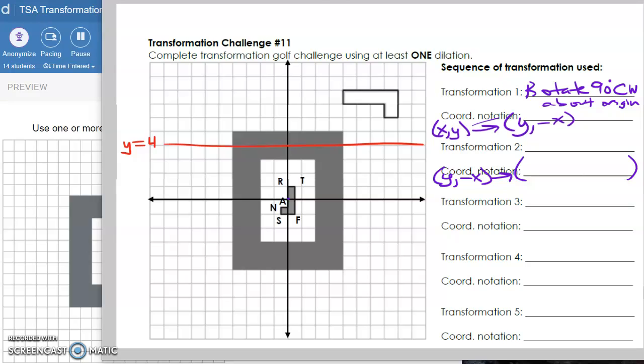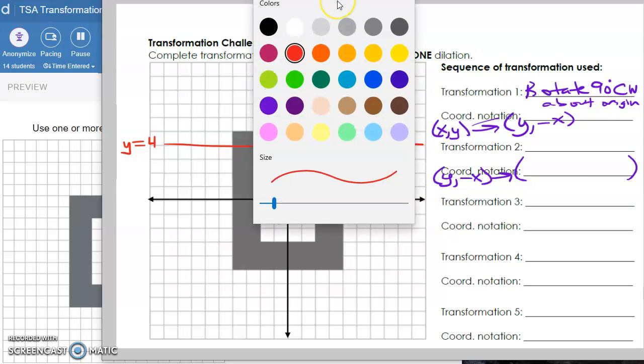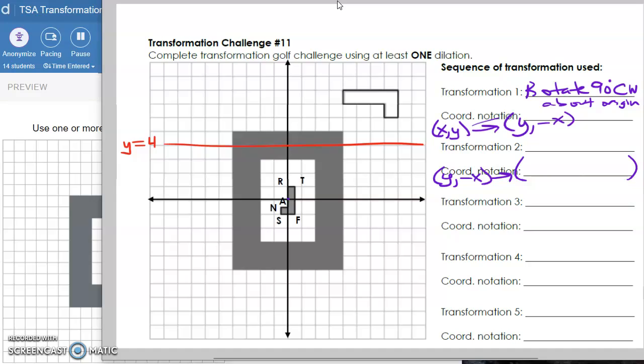Oop, I forgot to draw my first rotation. So going back, rotate clockwise. Clockwise would have been this way. So I'm going to rotate it so that it's here. That point's going to stay where it is.